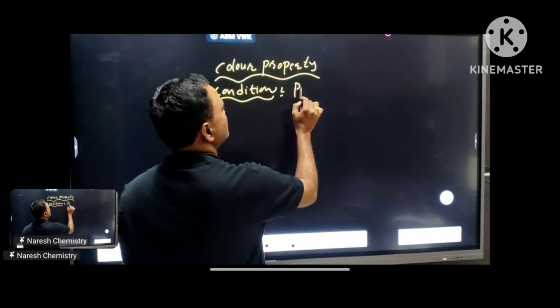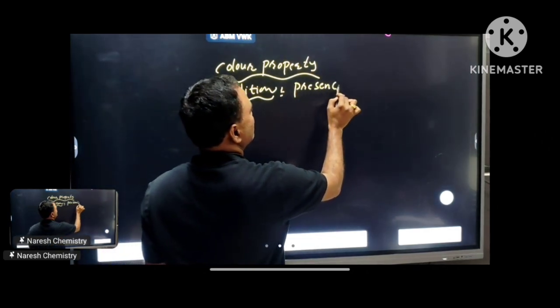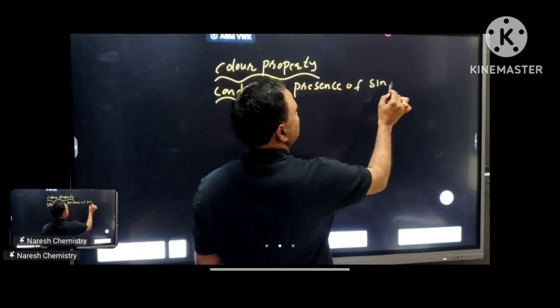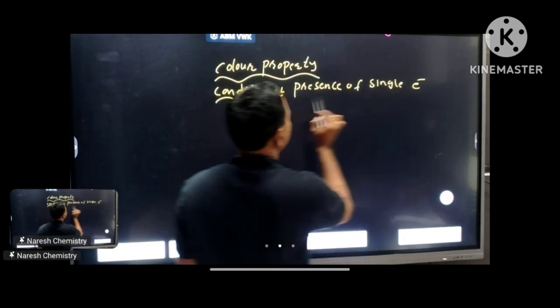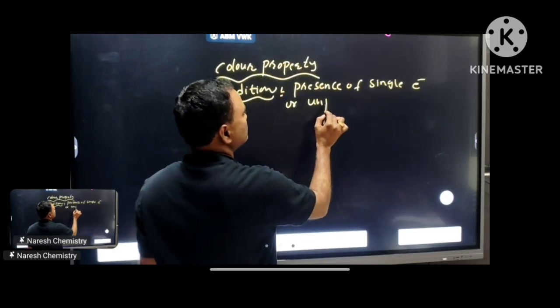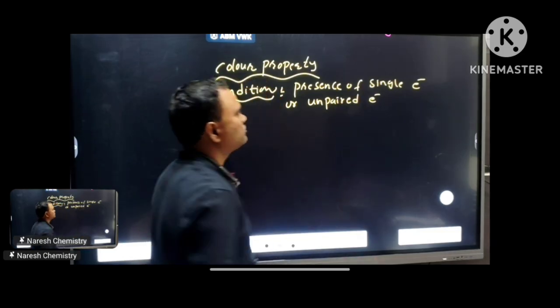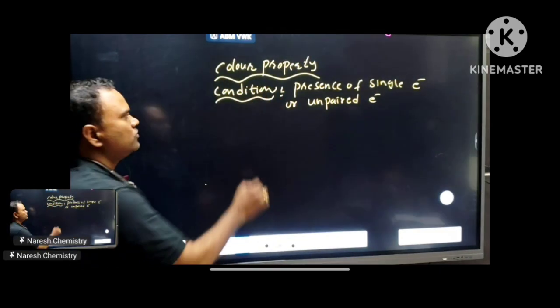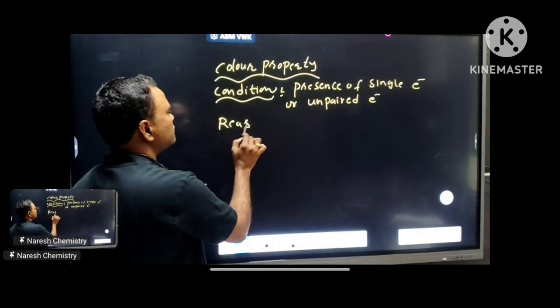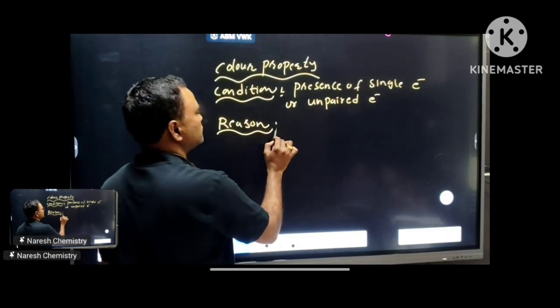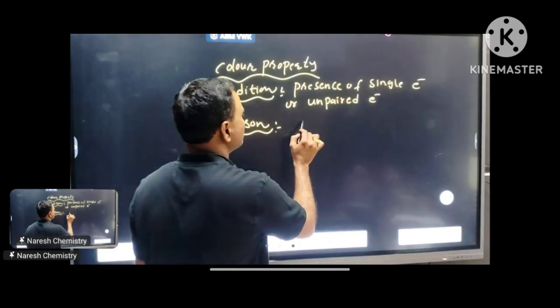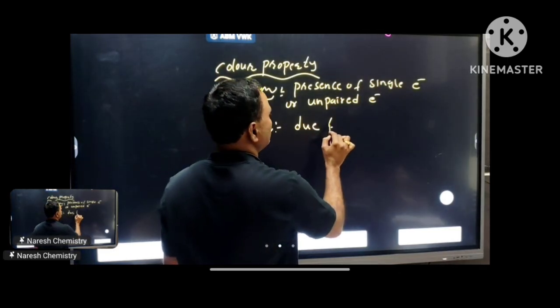Presence of a single electron, an unpaired electron, is the condition. Why do d block elements exhibit color? Reason: due to d-d transition.